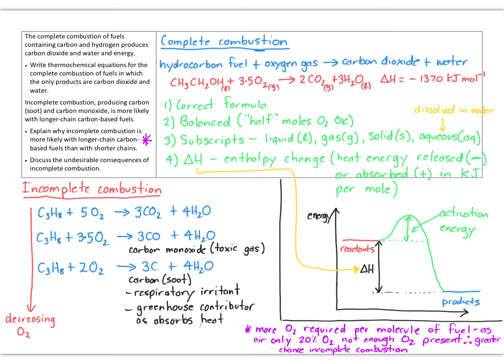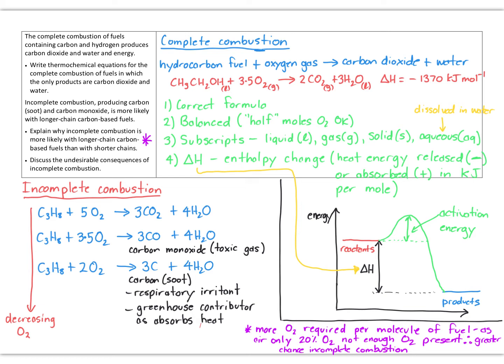There's one other thing that we need to explain here, which I've had to add in at the end, and that is explain why incomplete combustion is more likely with long chain carbon fuels than shorter chains. So when we think about short chain, we could think about things like methane with 1 carbon, ethane with 2, maybe even propane with 3 carbons.